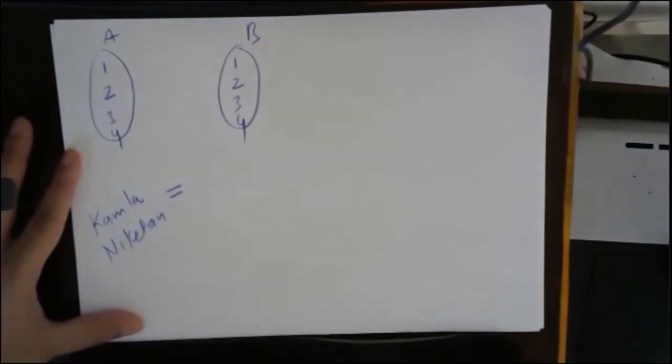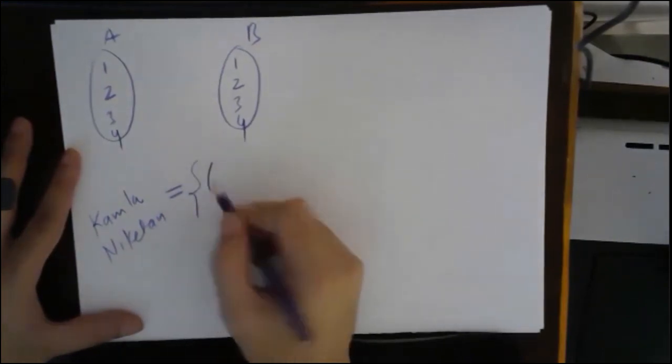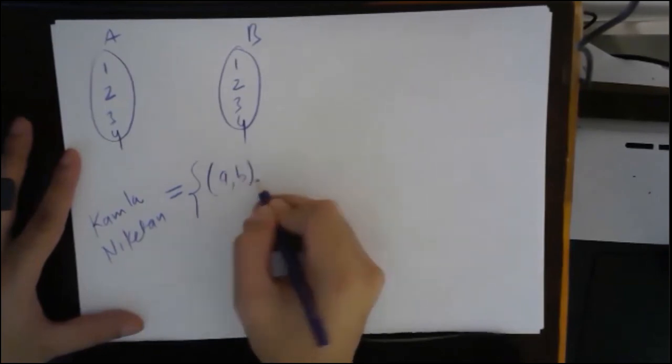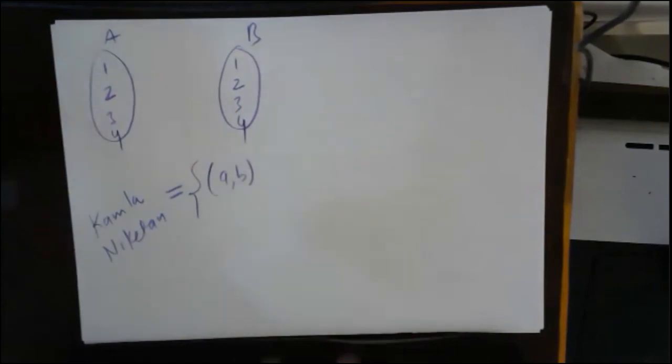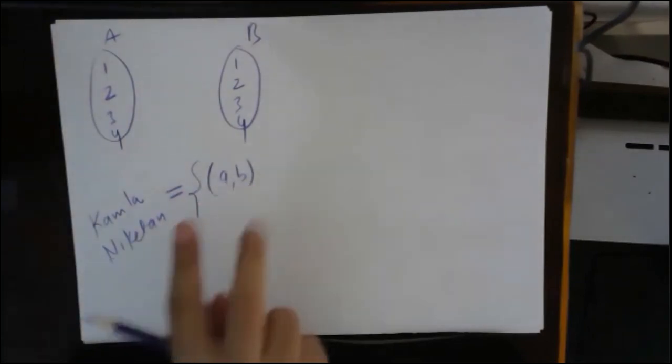This is a set which contains an ordered pair (a, b). Now just listen to it very carefully. Okay, (a, b) is an ordered pair.